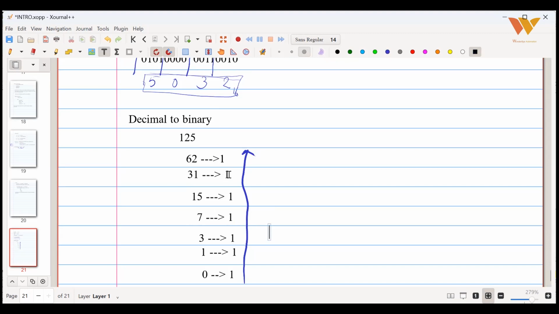Correct. Yeah. Okay, so it is 1 1 1 1 1 0 1. This is the value of 125 in binary. Understood? Any confusion?